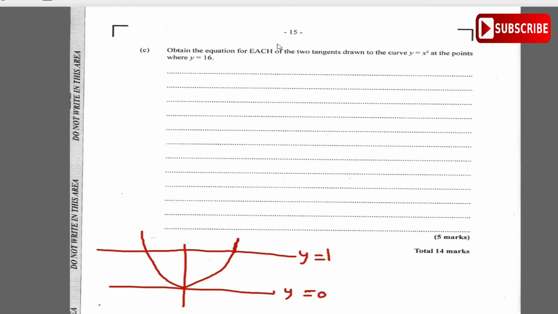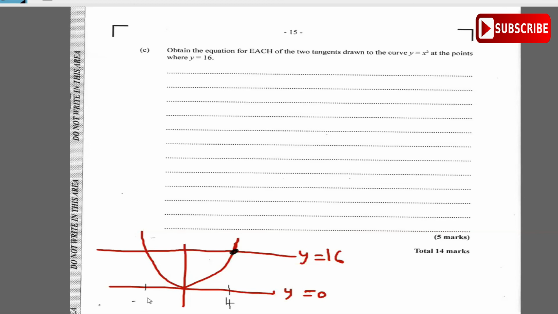They want the 2 tangents to the curve. So this is 1 point on the curve. When y is 16, then x is going to be 4. And when y is 16, x is also negative 4.